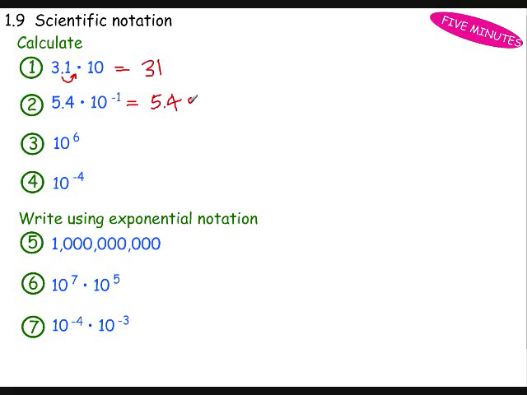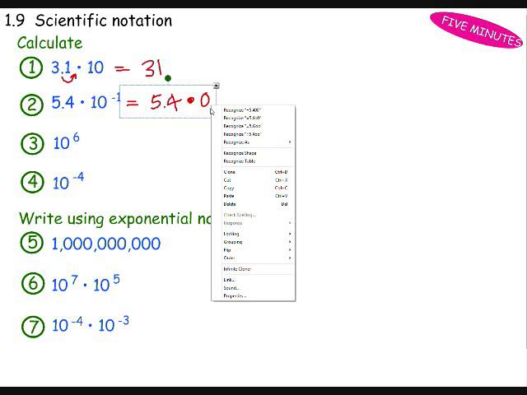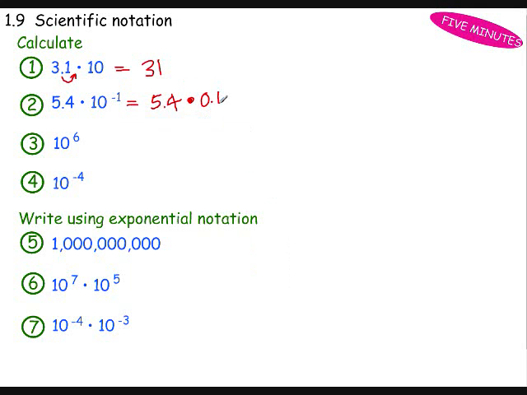That's the same as saying 5.4 times 1/10. And here we know we're going to get a smaller number, so we're going to be moving our decimal point in that direction. So that will equal 0.54, which is smaller than 5.4.